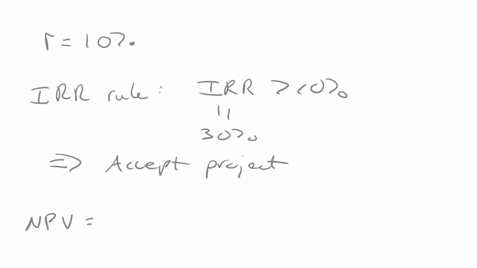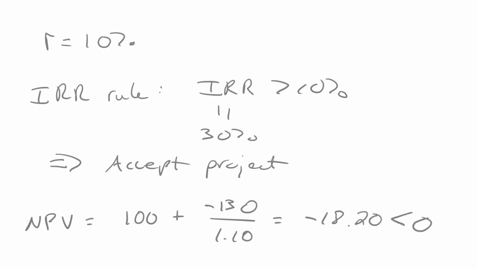NPV is equal to 100 plus negative 130 over, now for 1 plus R, we're going to plug in 1 plus 0.10, so 1.10. That's equal to minus $18.20, less than 0. So the NPV rule says reject the project. So here, the IRR rule and the NPV rule disagree. They come to precisely opposite conclusions.